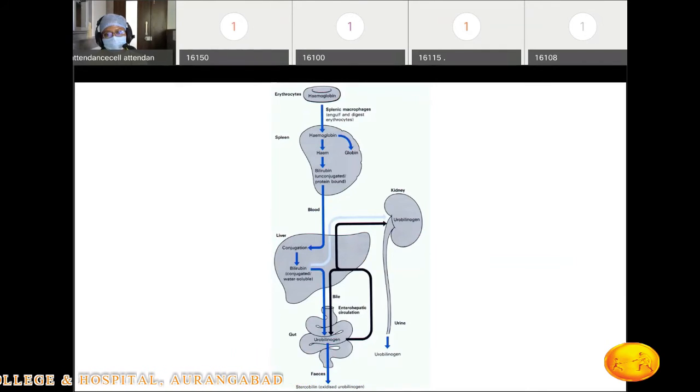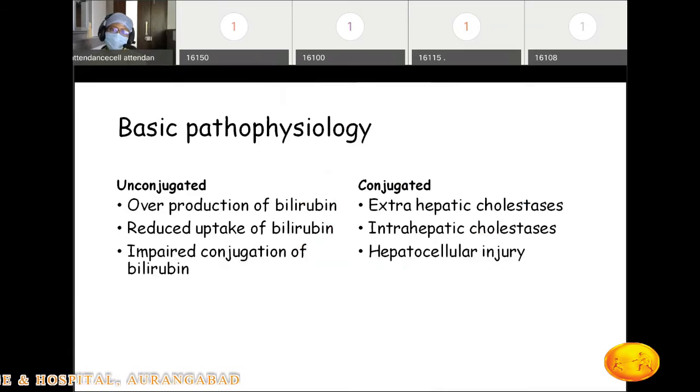So the second pathophysiology for your unconjugated or indirect hyperbilirubinemia is reduced uptake of bilirubin. So the production is normal. Normal RBCs are producing normal bilirubin, but for the bilirubin that is taken up by the hepatocytes, there is some defect or some problem in that. Again, this will result in a rise in the unconjugated bilirubin.